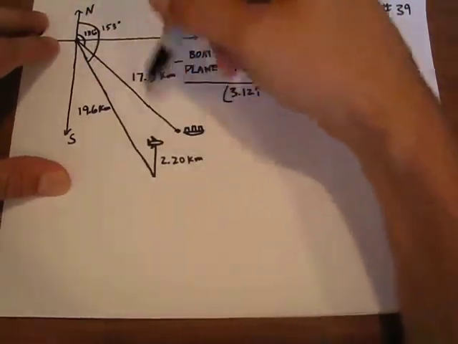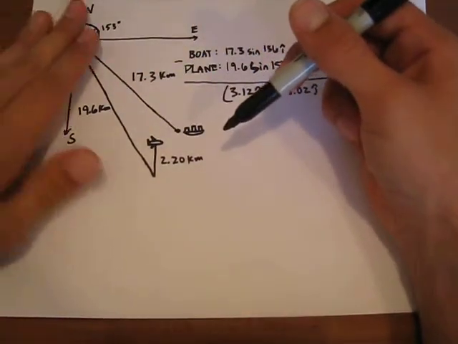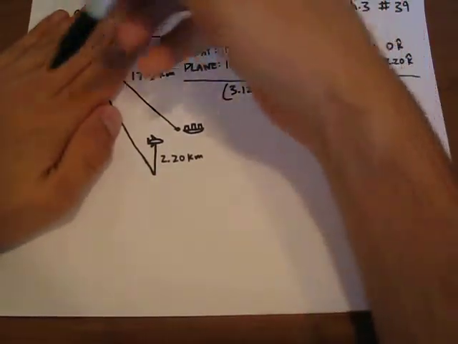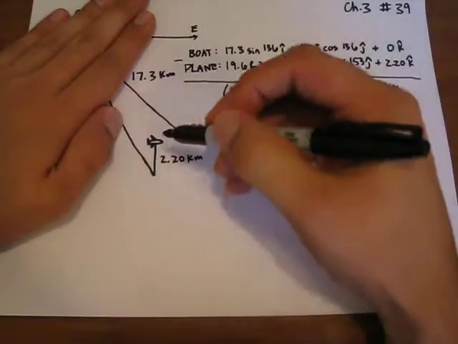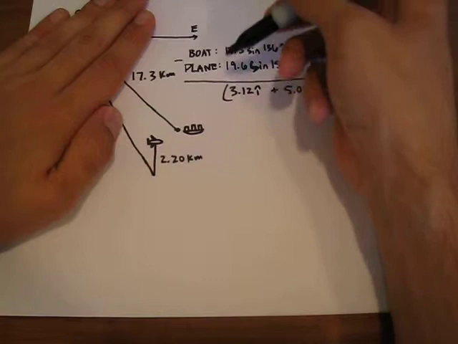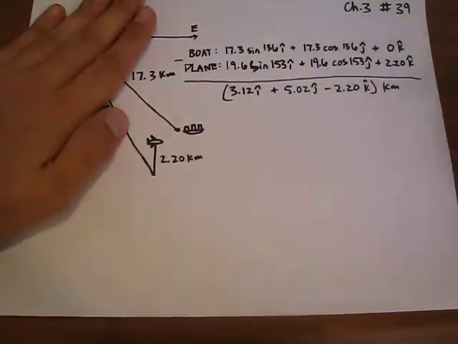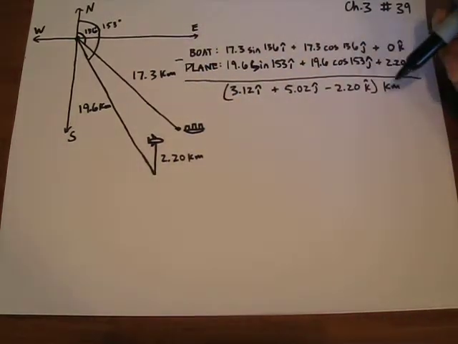In this problem, it's the radar station's view of the plane and the boat. So when you just subtract them, it takes out the radar station's influence, and it just gives you the plane's view of the ship, because it's the boat's position relative to the plane. And this makes sense because the plane looking down on the boat is going to give you a negative 2.2 kilometers in the k-hat direction.